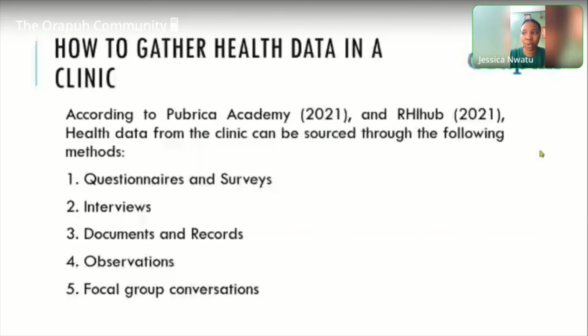Say for questionnaires, as you're sending out your questionnaires to the patients, you're observing them. Are they healthy looking to you? While you're interviewing a patient, you're checking if his or her face is symmetrical. You're checking if they have swelling on their face, if their hands are pale. These ways of gathering health data are used together in concurrence with one another.